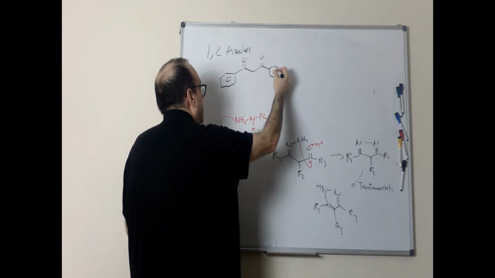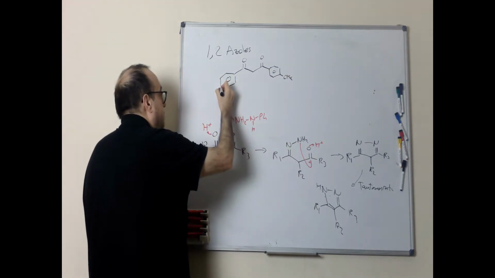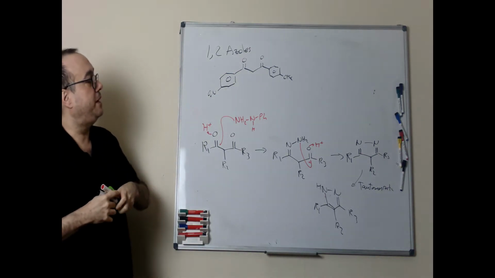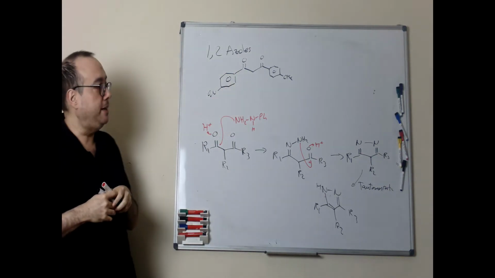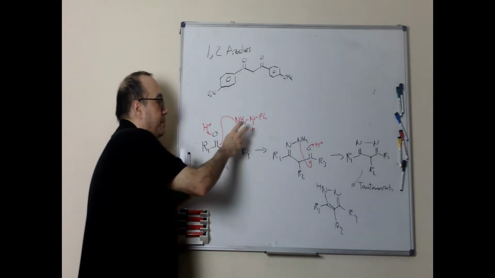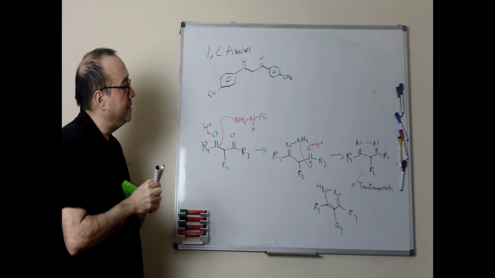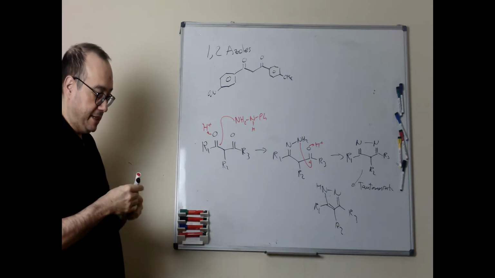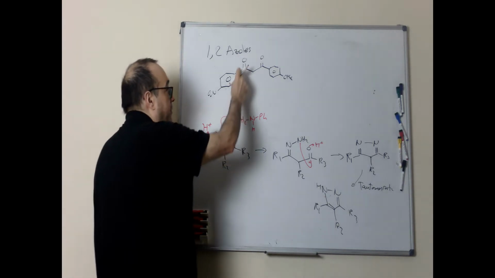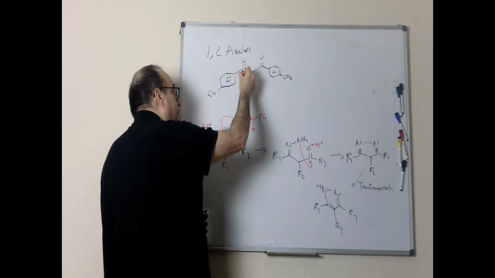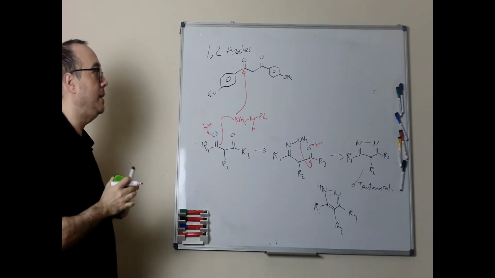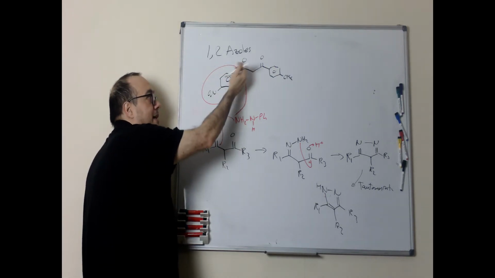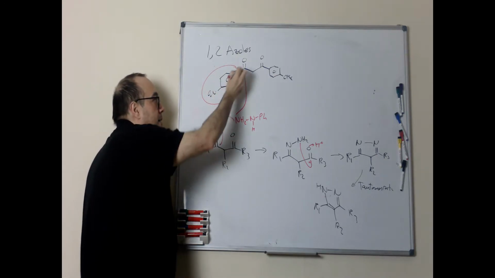We have this one 1,3-diketo compound, okay, and we are attacking, for example, with this hydrazine. Which carbonyl will be attacked by the hydrazine? Well, we can have these two options, but the nitrogen will attack this ketone only, because this is more electron withdrawing. That means it's attracting more electrons because we have a nitro here.